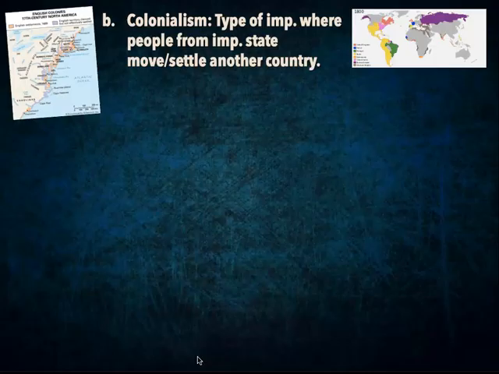They're going to move over as settlers and establish themselves. Pure imperialism doesn't always include that. Sometimes you conquer simply to make profits, but you're not necessarily going to encourage the people of your country or empire to move to that place.